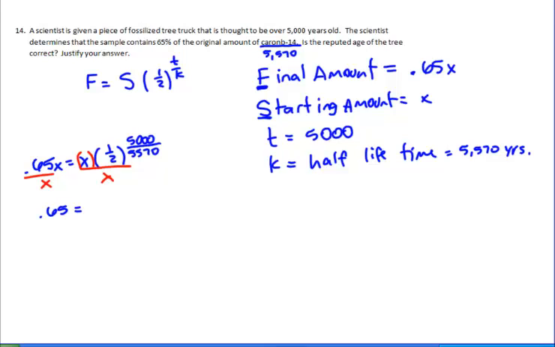The question is, does 0.65 equal 1/2 to the 5,000 divided by 5,570th power? So punch that 1/2 to that power into your calculator. And if we don't get something really, really close to 0.65, we can't do it.